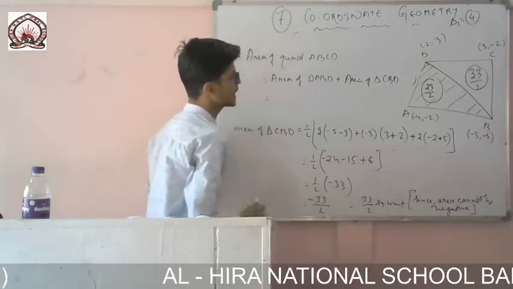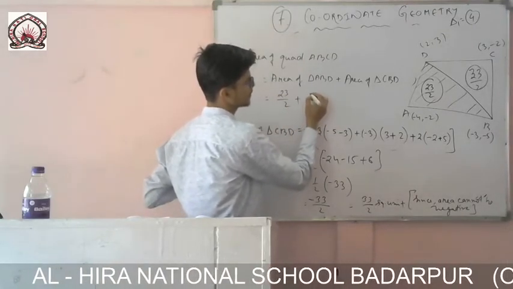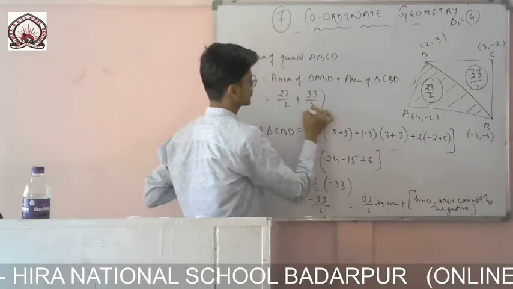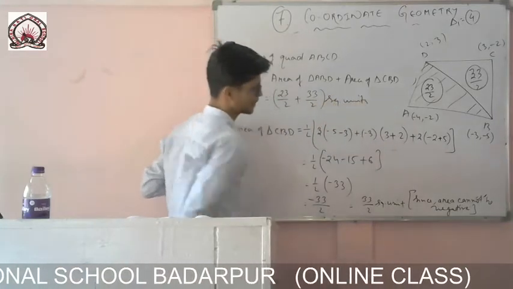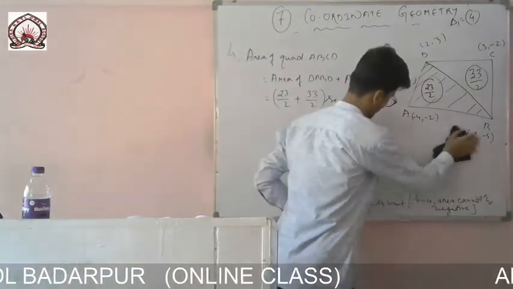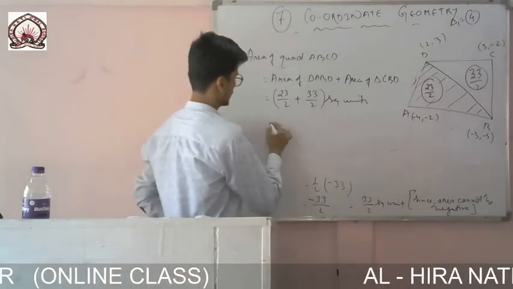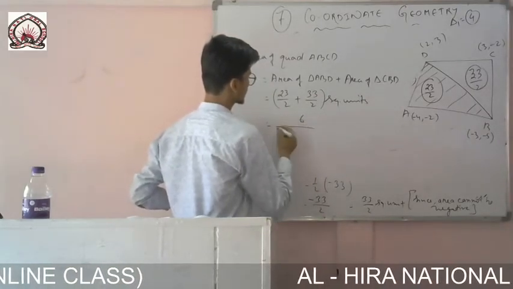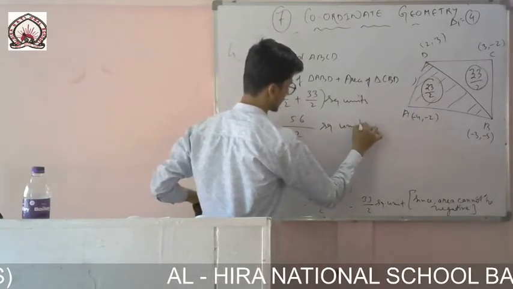So area of triangle ABD came 23 by 2 and this one came 33 by 2, so it will be in square units. Now if I add them, what is coming? It is 23 plus 33, 56 by 2 square unit.